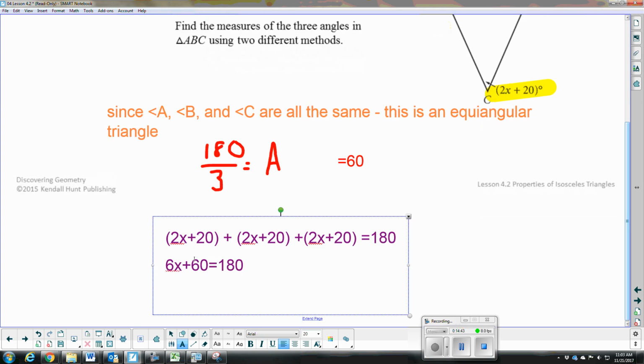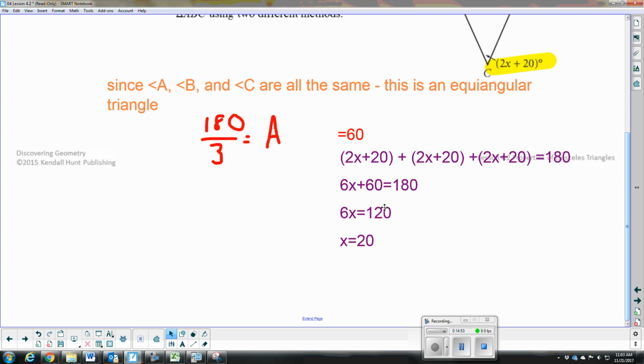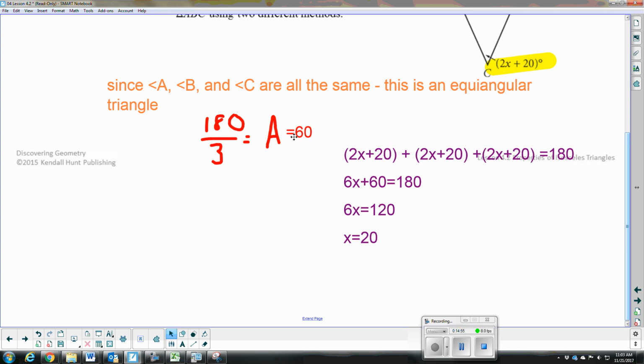And then you could solve for x. And you should get x equals 20.